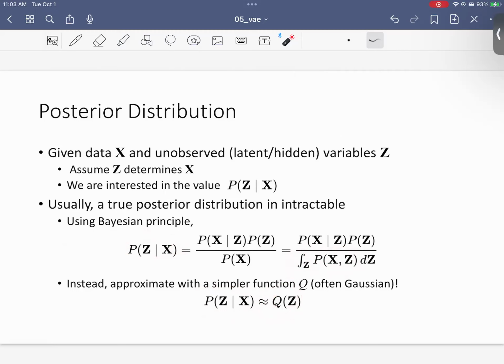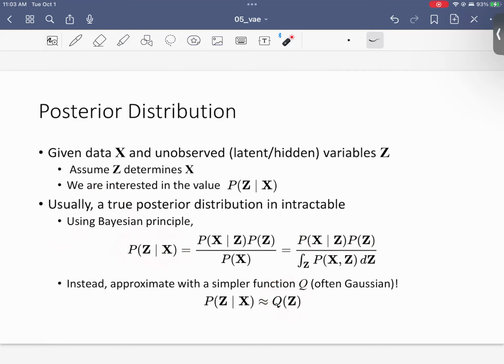We do know this, and we know this, but we don't know this. So we don't know what kind of shape P(z|x) will take. But if we can assume that it'll take a bell-shaped curve, then it makes sense to approximate P(z|x) with a Gaussian distribution, Q(z), right?